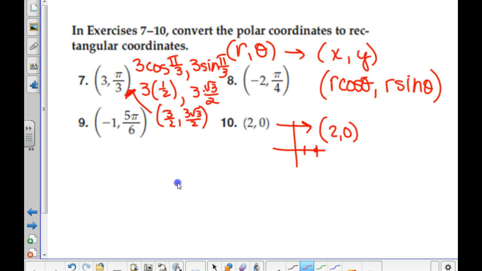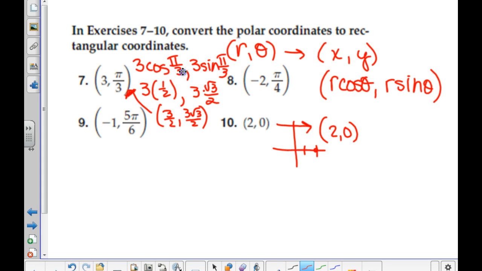Anyone else have a question right now on page 742? All right, yes, go ahead. So you just went to 60 degrees and you put in cosine and sine. Yes.